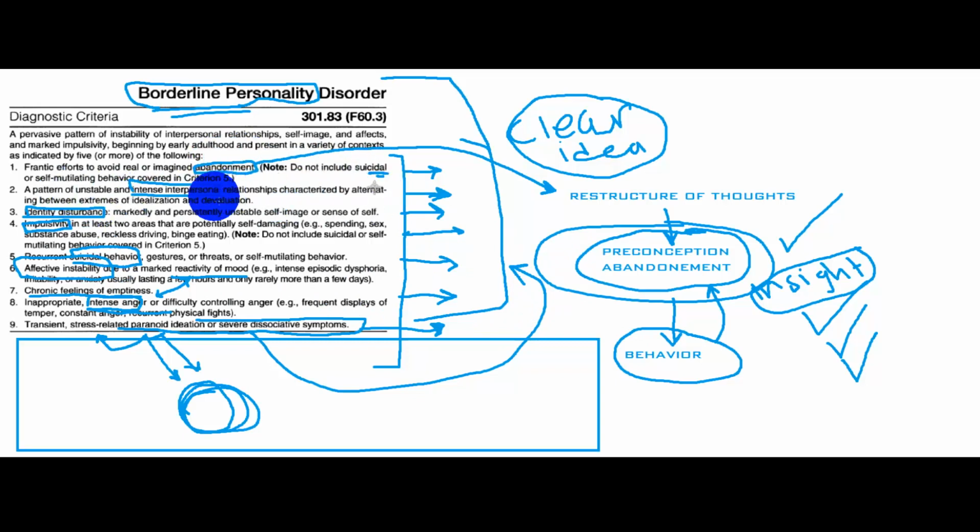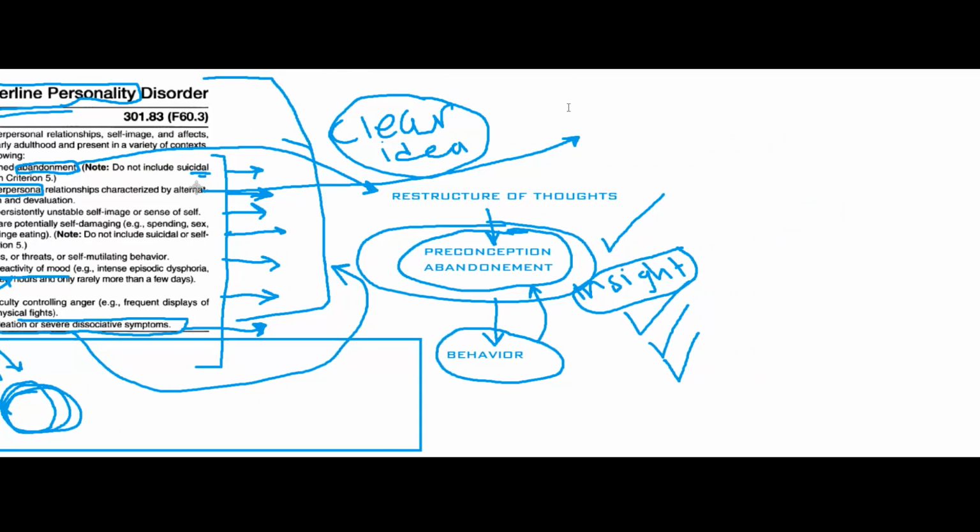A pattern of unstable, intense interpersonal relationships, identity disturbance, impulsivity. As I said, intense interpersonal relationships and unstable relationships is something that happens in more than one clinical condition, but what is meant here in specific is this here: overvaluation and devaluation or hypervaluation.